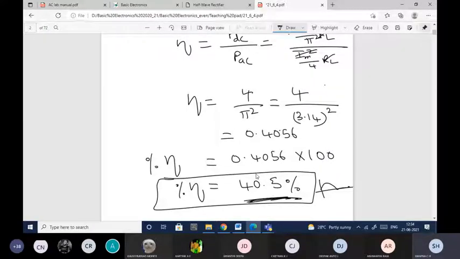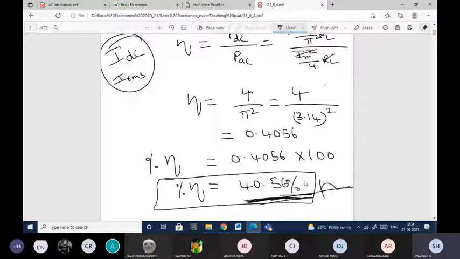So in that case you need to derive everything whatever I have derived until now: IAC, IDC, IRMS. Okay, so this entire thing, and then finally you need to end up here. This is the complete derivation you need to do. Okay, hope this is clear to all of you.